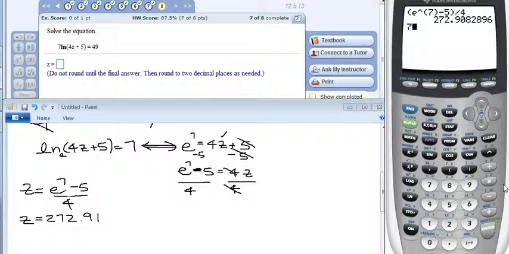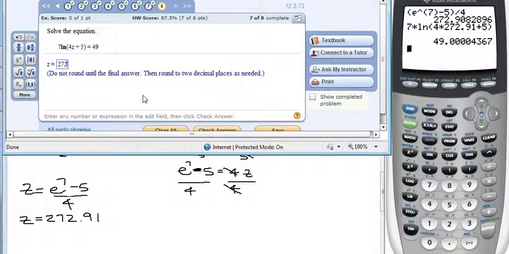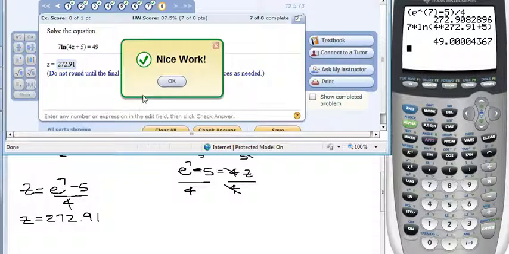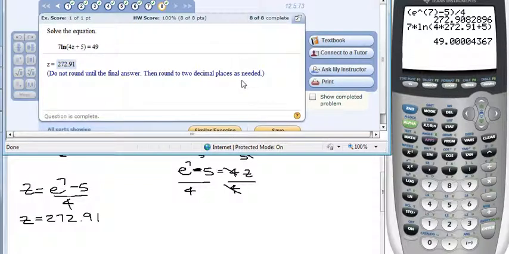So I have 7 times the natural log of 4 times 272.91 plus 5. I lost my spot there. And that's got to be close to 49. Ooh, it is. Really close to 49. So since that's working out pretty close, I can be pretty certain that that's the answer. If there's ever a way to check, always check.